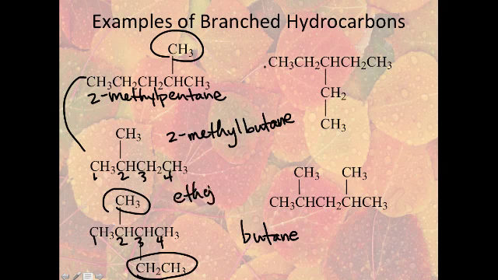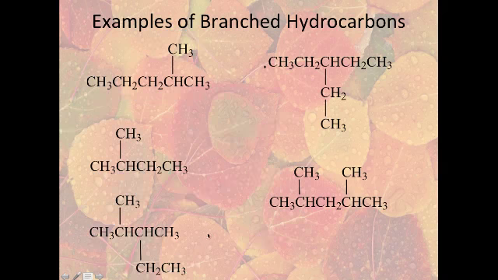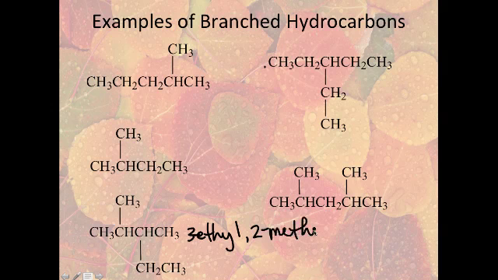Ethane or ethyl comes before methyl in the alphabet, so I'm going to name the ethyl first. So I need more room to write. We're going to have to call this 3-ethyl. I need a hyphen. 3-ethyl, comma, 2-methylbutane.